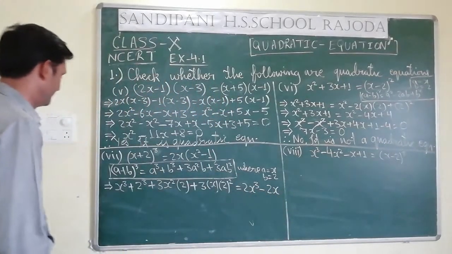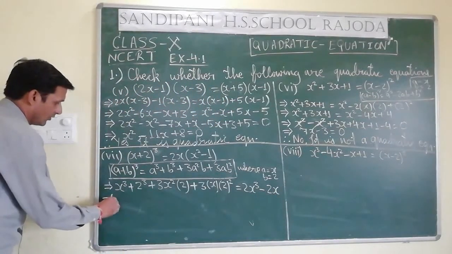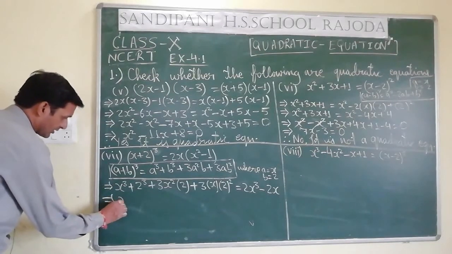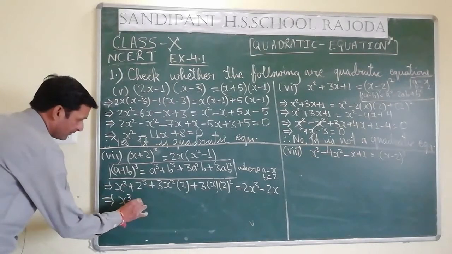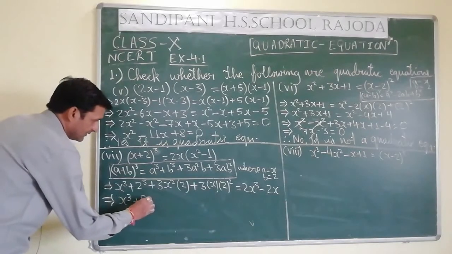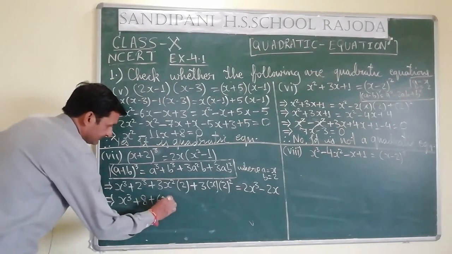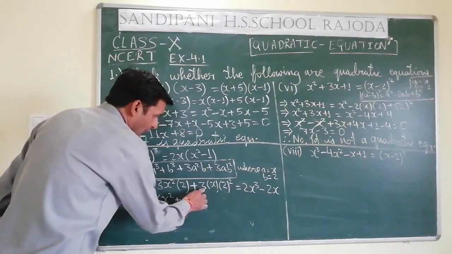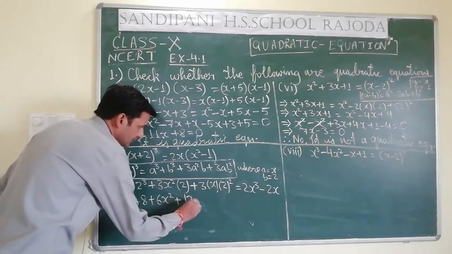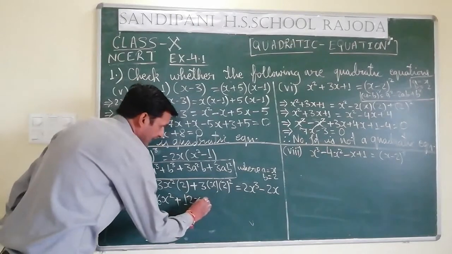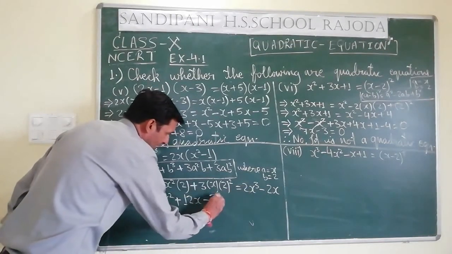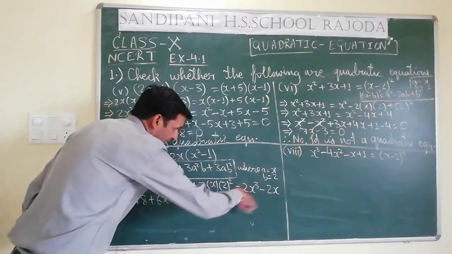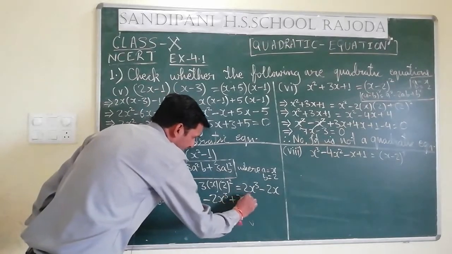Now on further solution, it will become x cube plus 8 plus 6x square plus 2 square is 4, 4 threes are 12, 12x, and this will become minus 2x cube in LHS, and this will become plus x plus 2x in LHS is equal to 0.